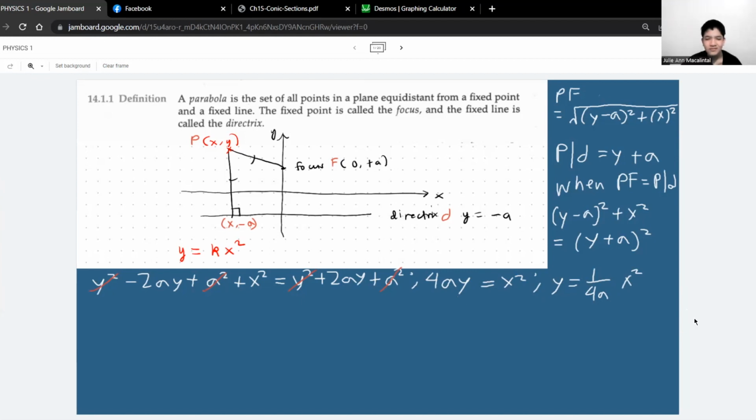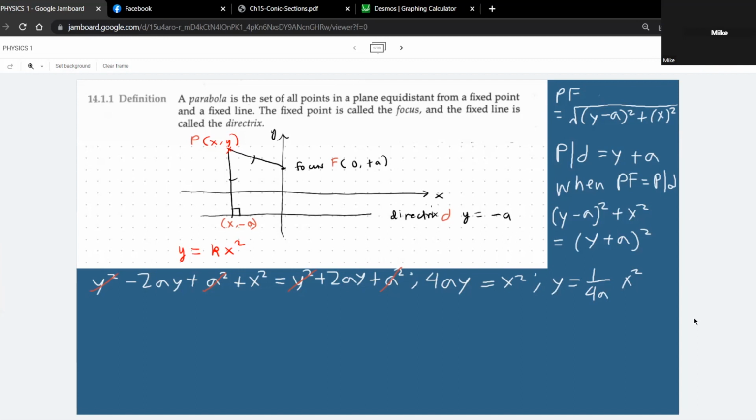Ngayon, yung silbi niyan ay, let's say binigyan ka ng equation, y equals 3x squared. Find the directrix, find the focus, find the vertex. The coefficient of x squared is 1 over 4a, and then you can give the vertex, the focus, and the directrix. And in addition, you can use the distance formula to compute yung distance to the focus.